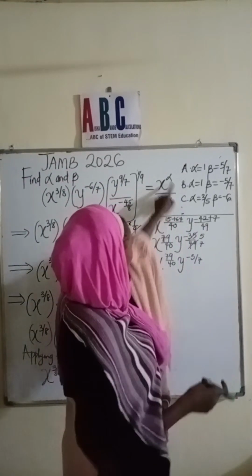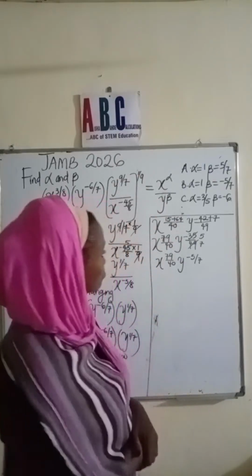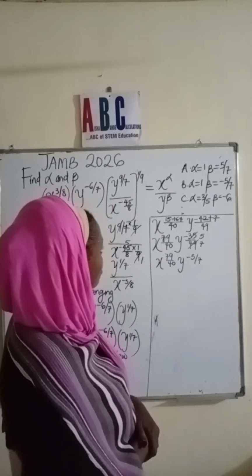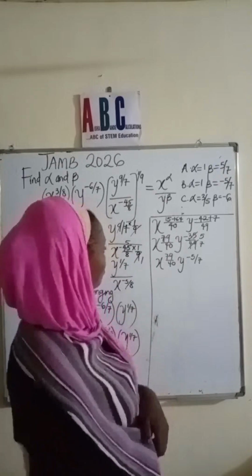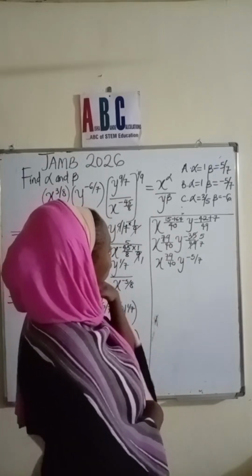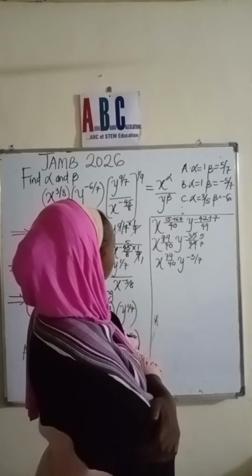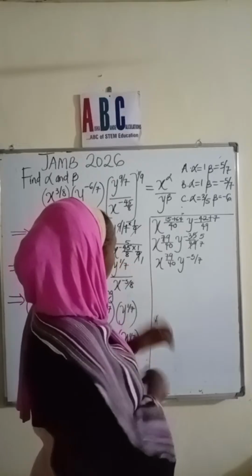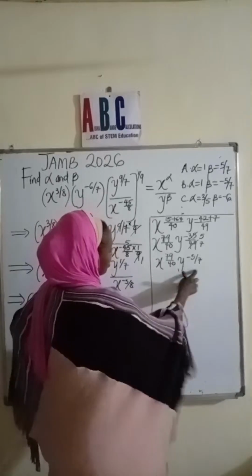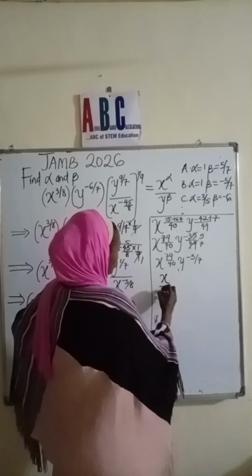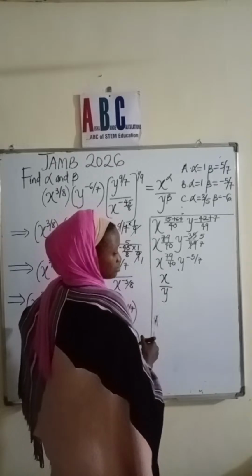Alright, sir. We are looking for alpha and beta. You know we still have the right hand side. Here, I should write x over y.